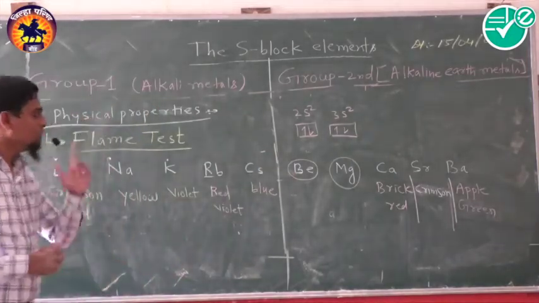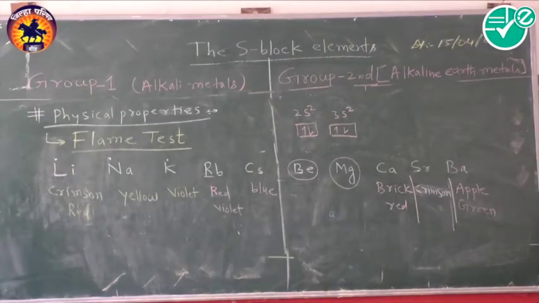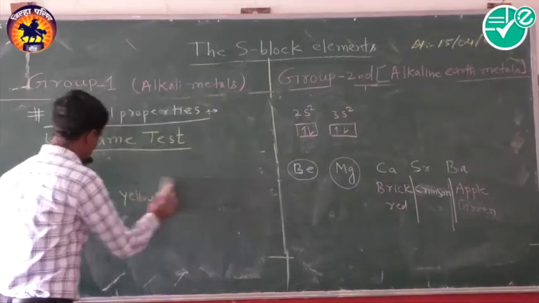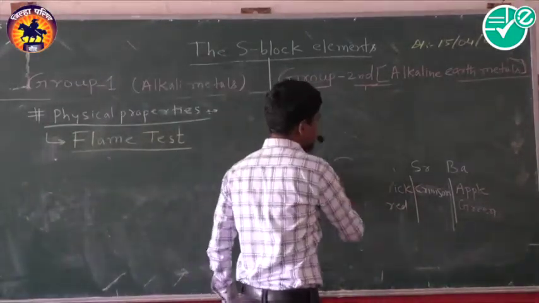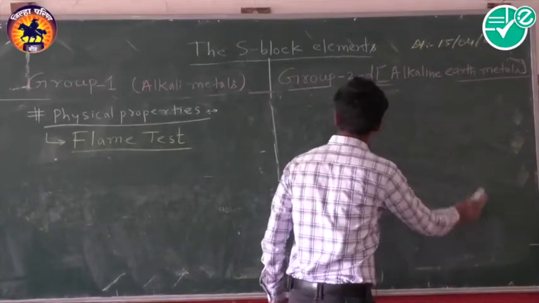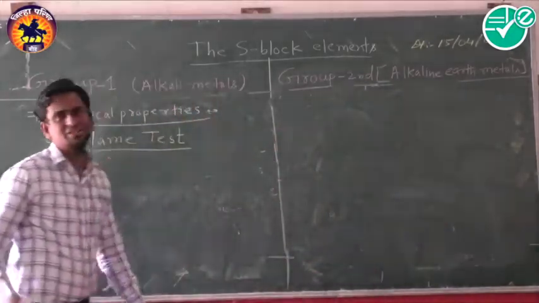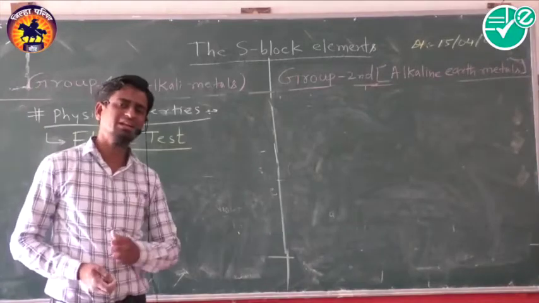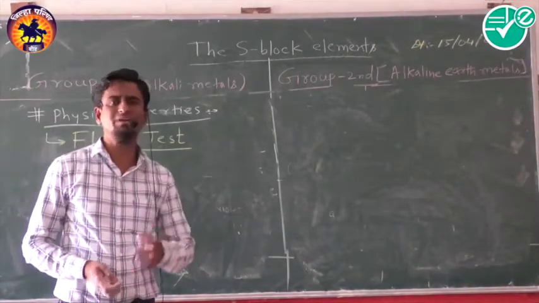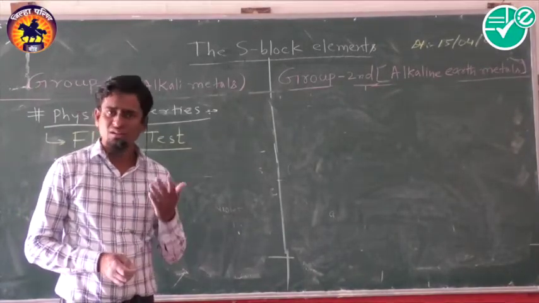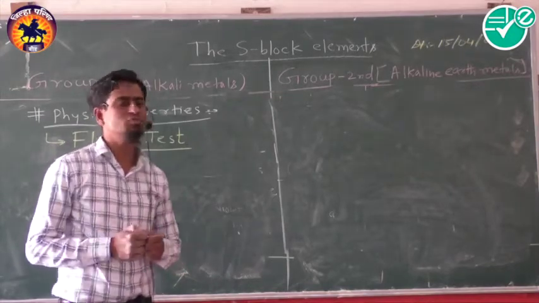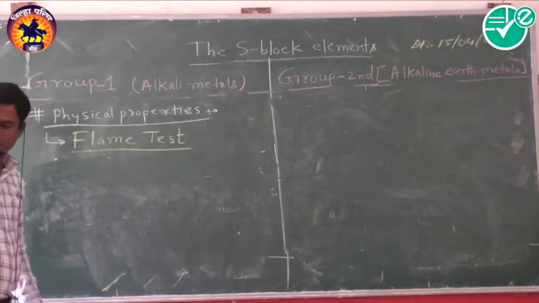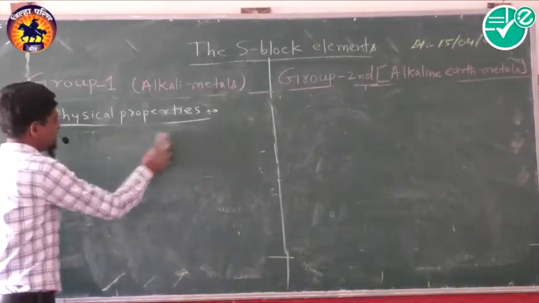One more important thing: if you provide light energy instead of heat, the electron can get completely ejected from the valence shell. That phenomenon can be used for making a photoelectric cell.